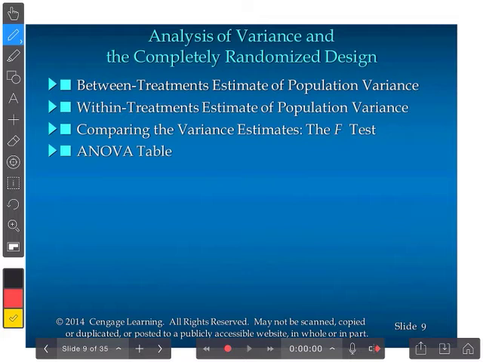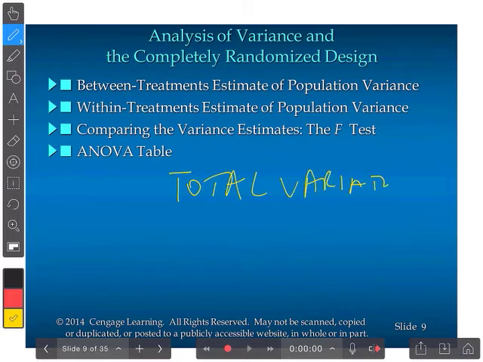So let's see what we have. It turns out that if we take the total variation, okay, for some reason my pen, maybe the battery is going dead, but if we take the total variation, and we'll have to find a way to measure that, we could break it down into two parts.